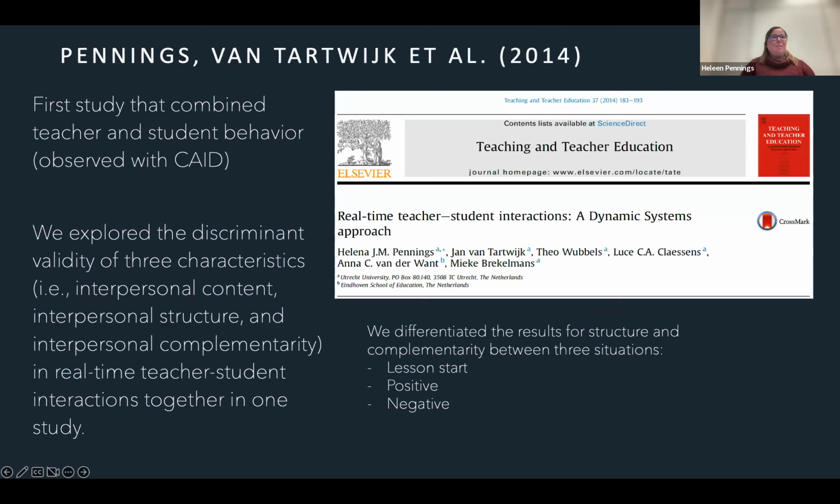So the second study was the first study that we did with also including students. We chose a teacher who had a less good relationship and a teacher who had a better relationship with students. And we wanted to see whether the grid measures and also the content could discriminate between these 2 teachers.